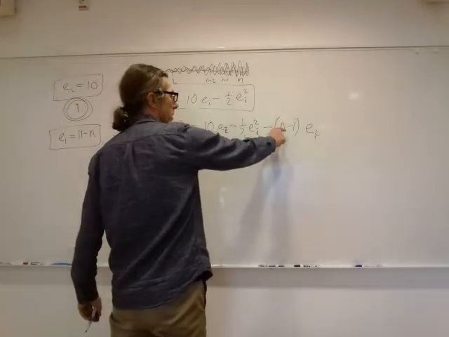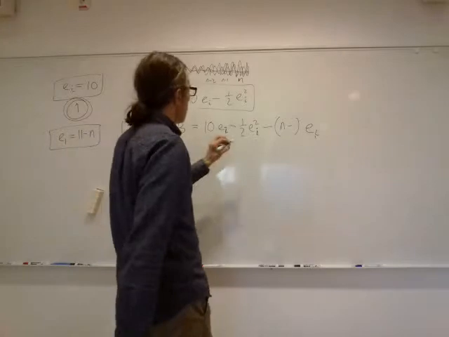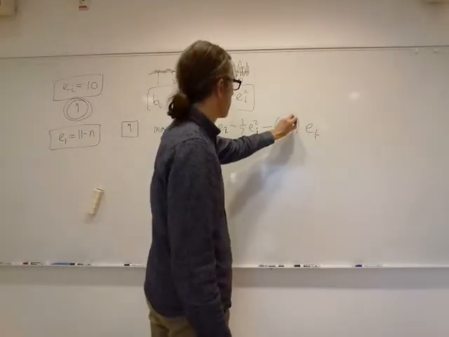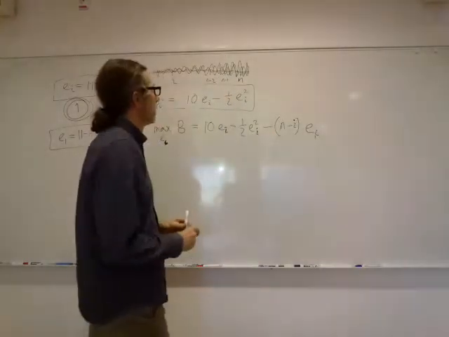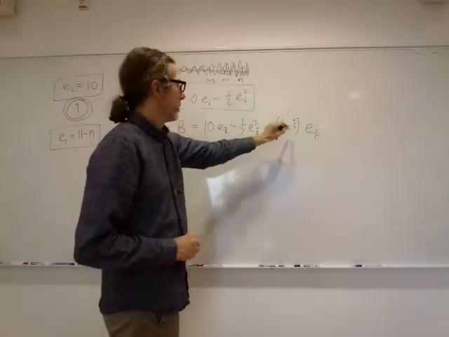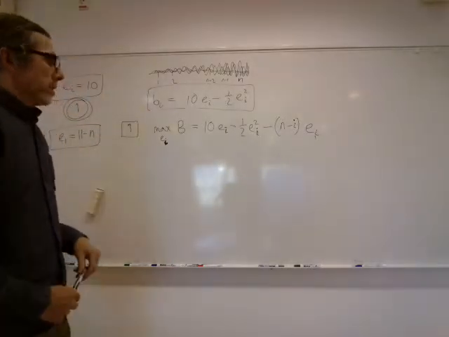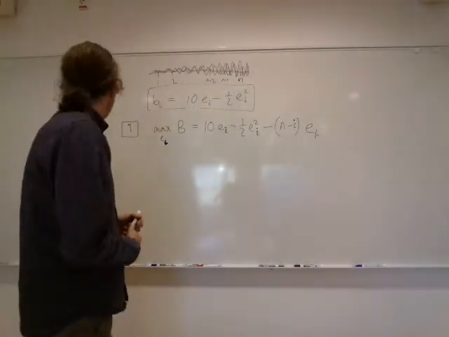Because this is no longer n minus 1. How many countries are getting affected by country i's emissions? It's n minus i, isn't it? If i equals n, this is 0. No countries are getting affected. So, this is more like it.